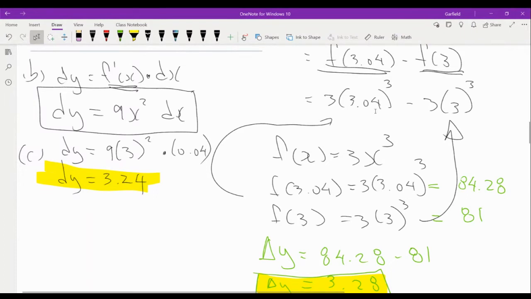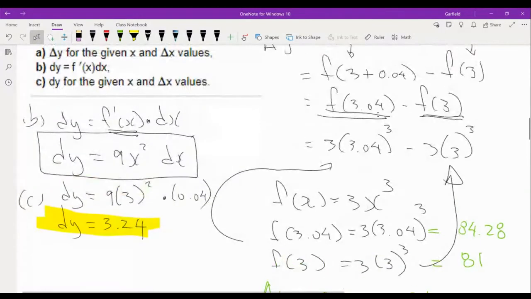I agree. The delta y side is actually pure algebra, and it's a lot more work, so the calculus here, even though it's not 100% accurate, is a very good approximation, and we use it more often than not instead of the actual values, because it's so much less work than going through all that algebra.